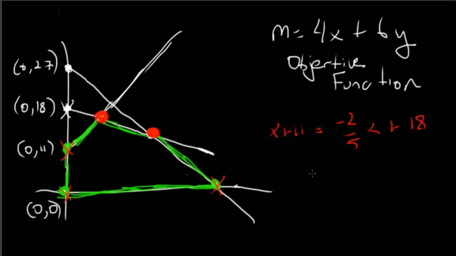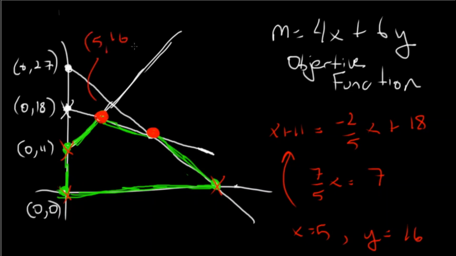We're going to get 7/5 x is equal to 7. Get rid of the 7's, multiply by 5, x is equal to 5. And because of that, y is equal to 16. Cool. All right, so that's one of our solutions. This coordinate right here is 5, 16.